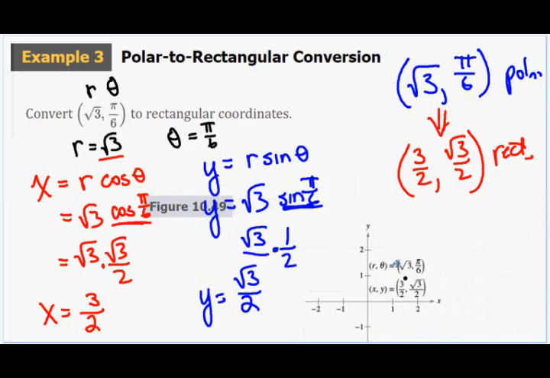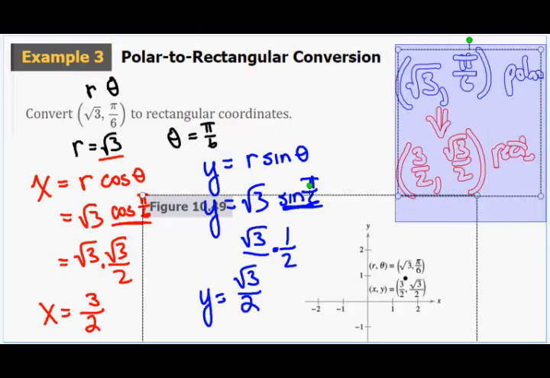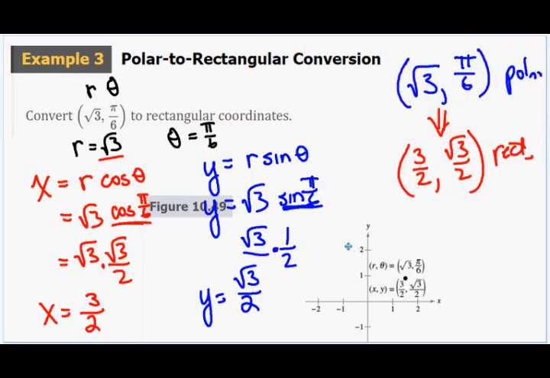Like that. Again, for the rectangular, over 3/2, up root 3 over 2 takes us to this point. The other way to get there would be our distance from the origin is root 3, and the angle that would take us to that trajectory is pi over 6. So again, here's our polar converted to our rectangular.